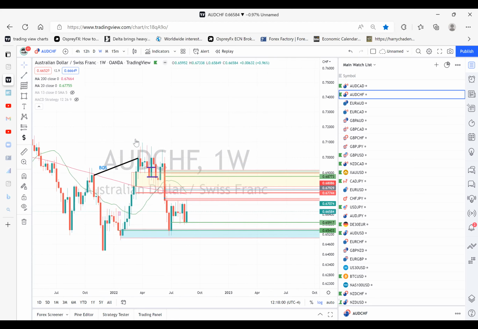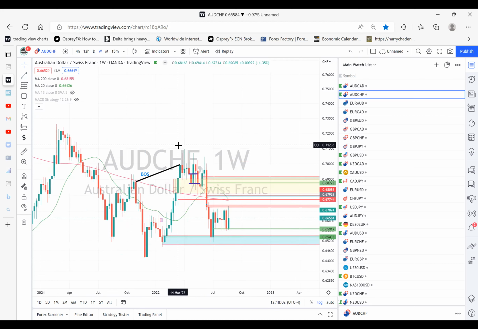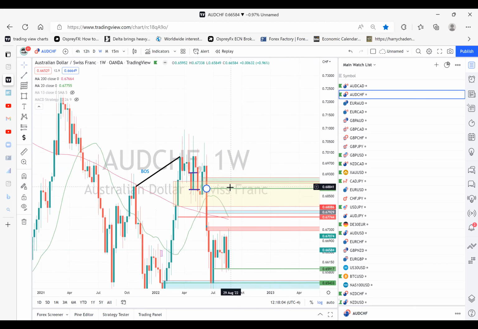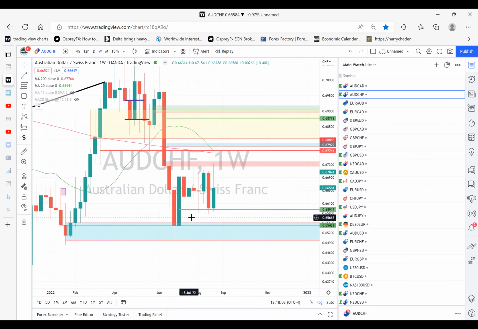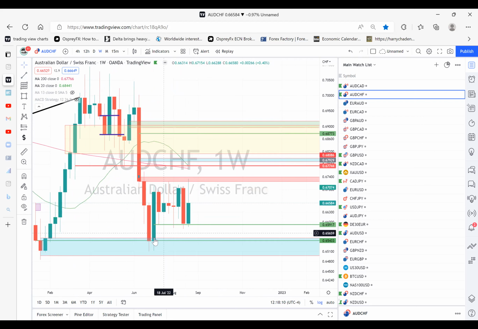Fine candles on both sides. Exactly. But this AUD for me is not tradable until we close above this level. And I expect it to do it, but it just has to happen.